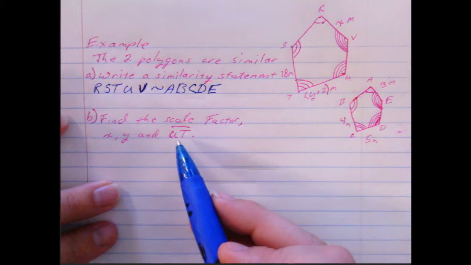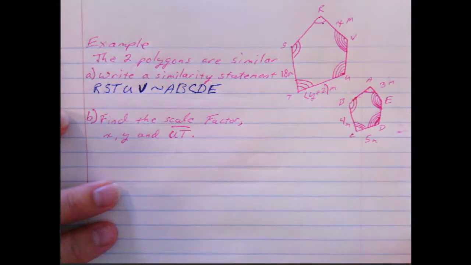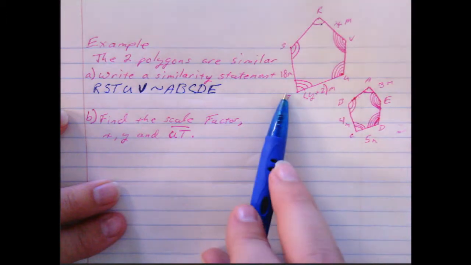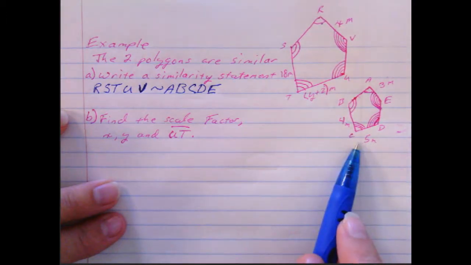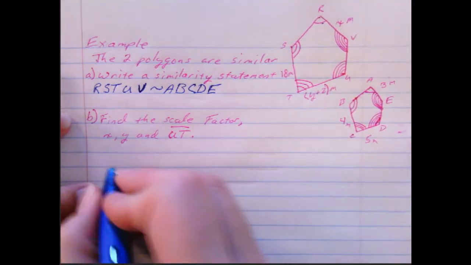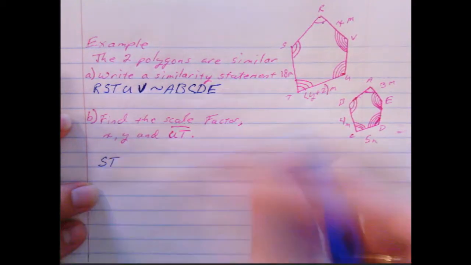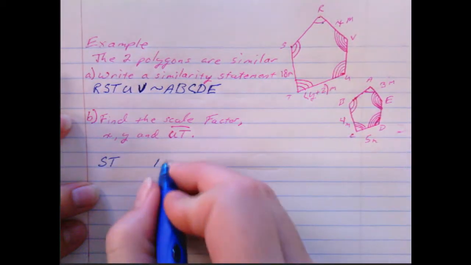So scale factor, we know we can go from the model to the real. For this one, I'm going to be going from the first picture to the little picture. So I'm going to take ST, because I know that amount, that's 18.